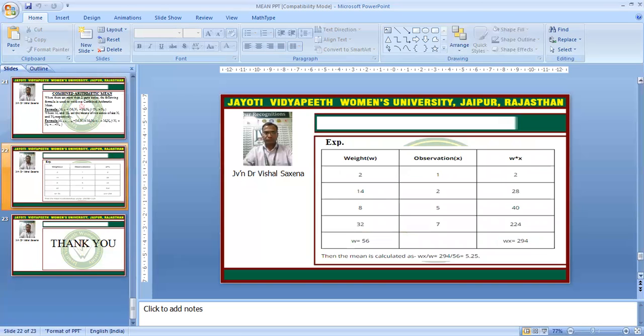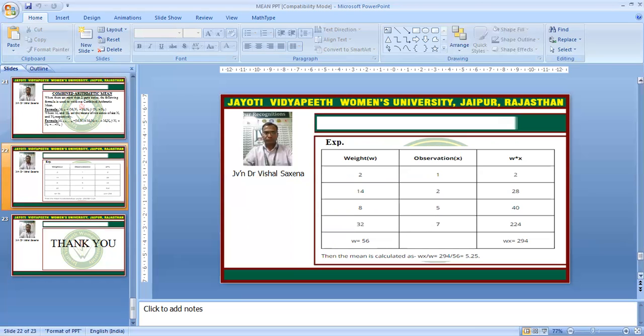For example, suppose we are given a table where weights w are given with observations x. Then we multiply w and x because we need to find the summation wx and summation w.